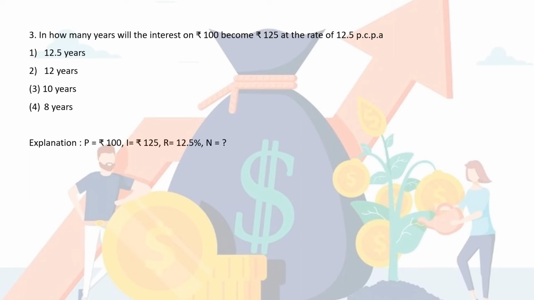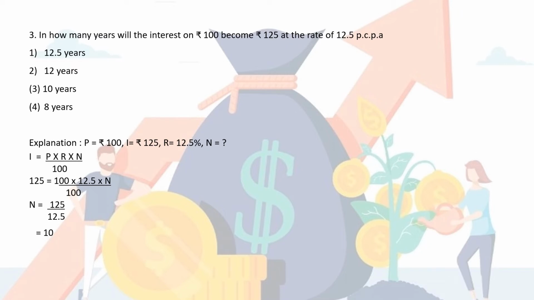We will write down the formula. What all is given to you? Principal is given, that is 100, interest is 125, rate of interest is 12.5% per annum, and n you have to find out. I write down the formula. I substitute the values. Okay, it is very simple. You just need to substitute the values carefully. When you substitute the values, you will be left with n is equal to 125 upon 12.5 because this 100 and 100 gets cancelled out.